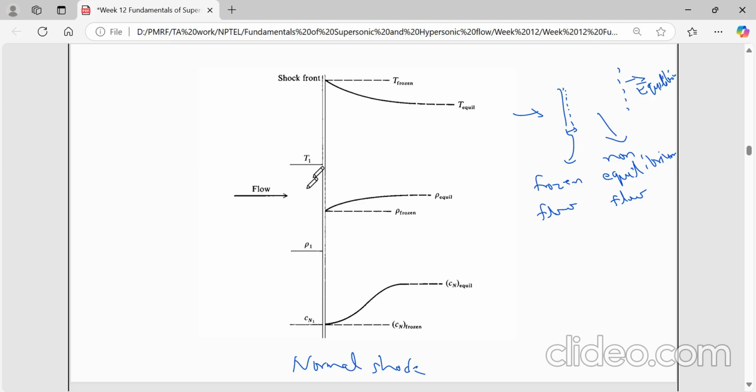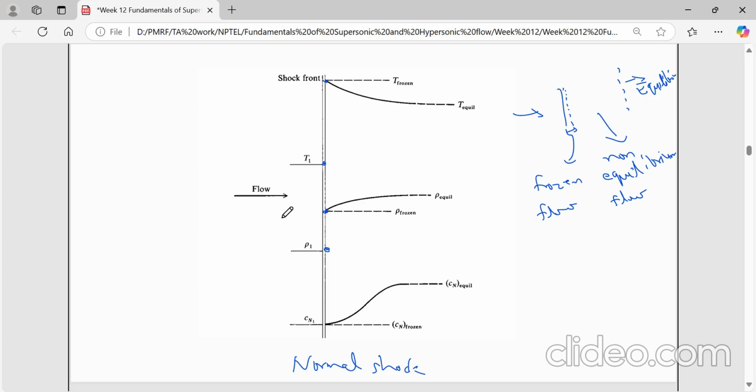So across a shock, temperature and density increase. And just after the shock, this value will be equal to frozen properties, or you can say similar to calorically perfect gas. But the temperature inside the shock layer will be high. So due to this temperature, there are chances of vibrational non-equilibrium and chemical non-equilibrium.